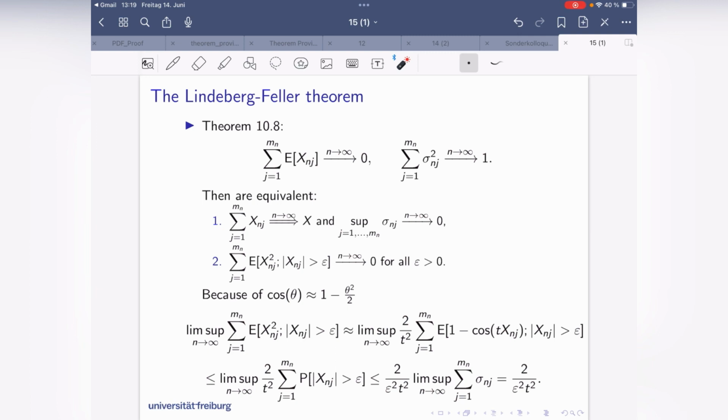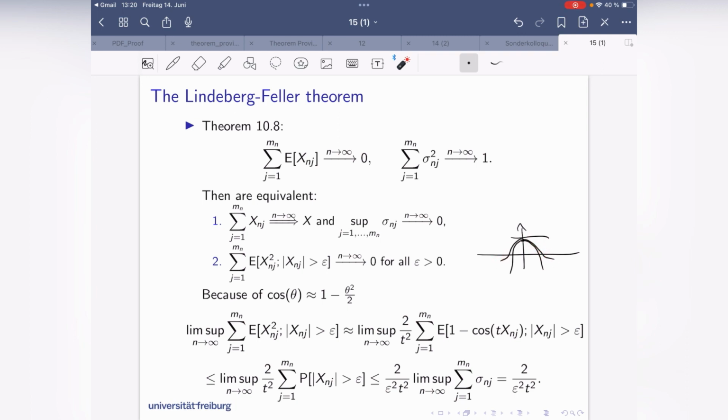Because you can say, assume that theta is something small, then the cosine of theta is approximately 1 minus theta squared over 2. Or in a picture, that's the cosine, and 1 minus theta squared over 2 is this parabola here.